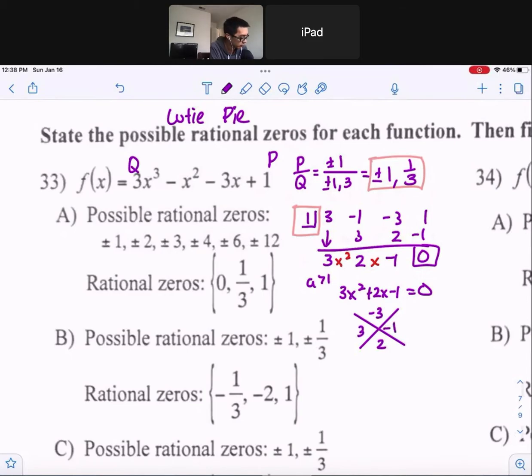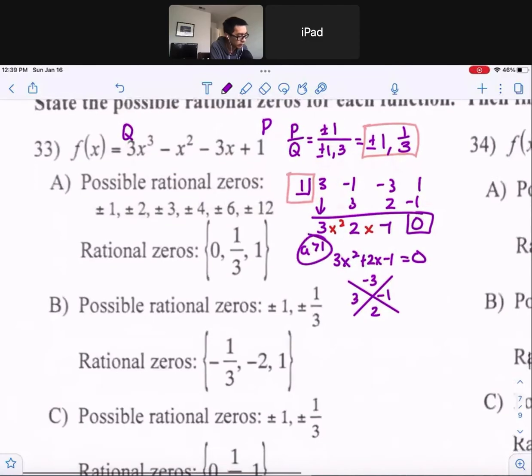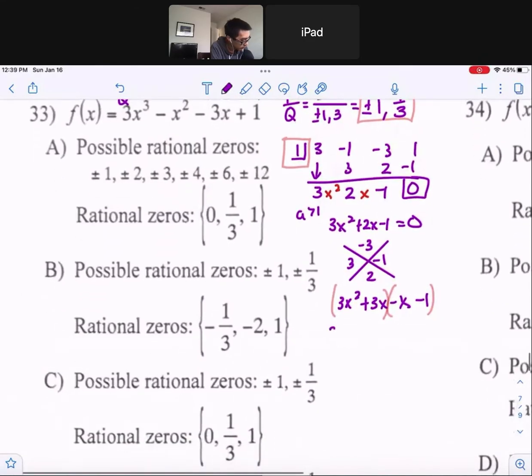That's 3 and negative 1. But since a is greater than 1, we have to factor this by grouping. 3x squared plus 3x minus x minus 1. Group. And you factor out 3x to get x plus 1. Factor out a negative 1 to get x plus 1. So our factors are 3x minus 1 and x plus 1.